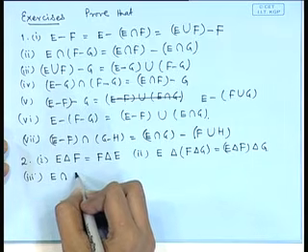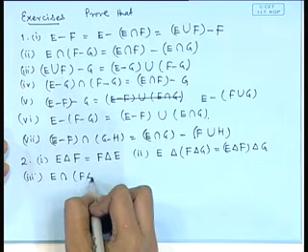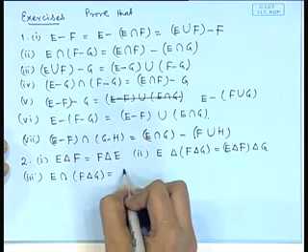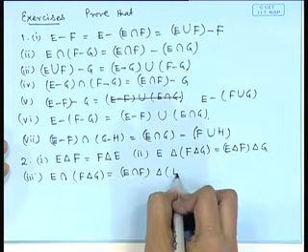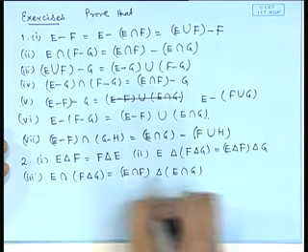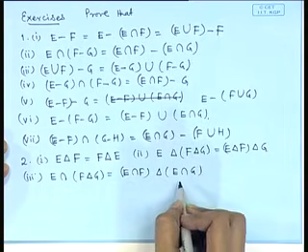E intersection F delta G is equal to E intersection F delta E intersection G. That means intersection and symmetric differences are distributive.